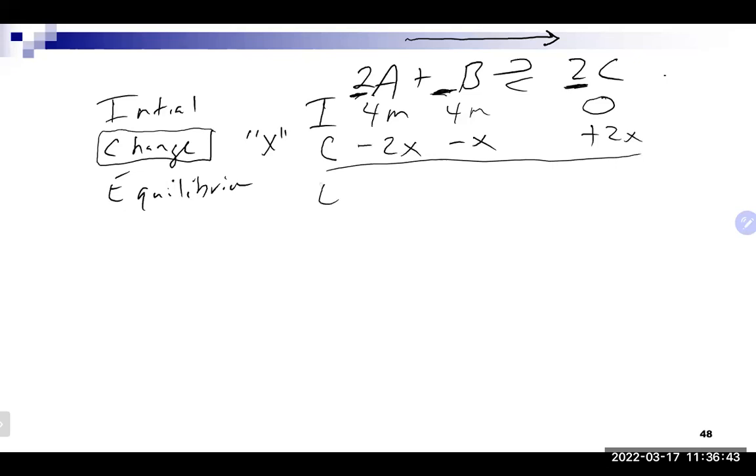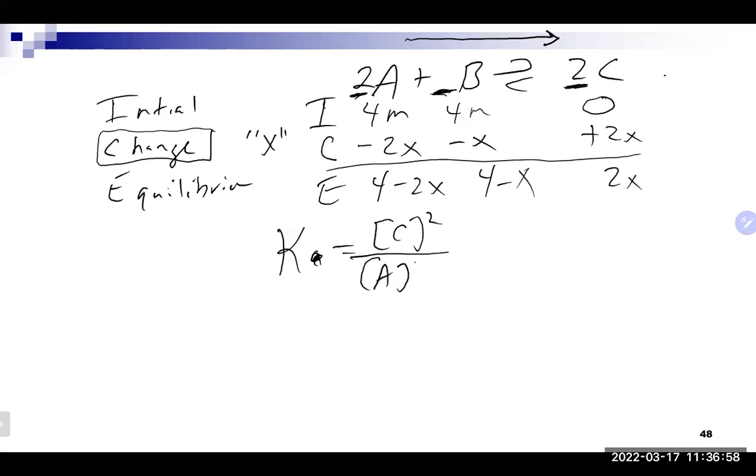And when we come to the equilibrium, we basically just carry everything down here. At this point, we go into the K expression, and we put these in there.